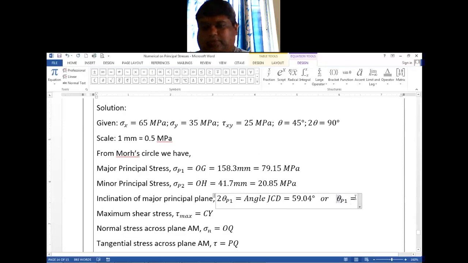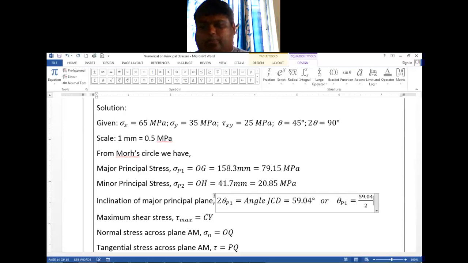Theta p1 is equal to 59.04 by 2. Now please don't convert the angle to scale, because angle is not scaled anytime, right? Angle remains as it is.